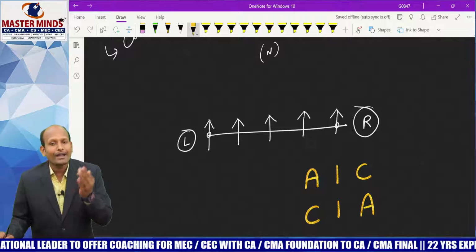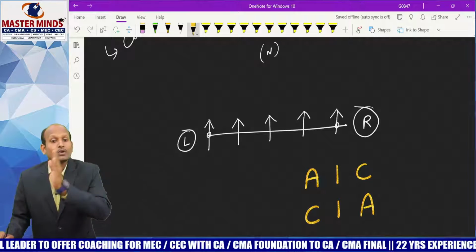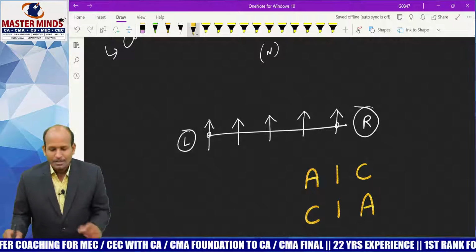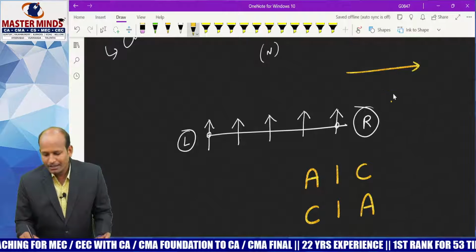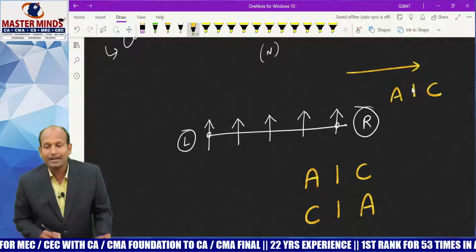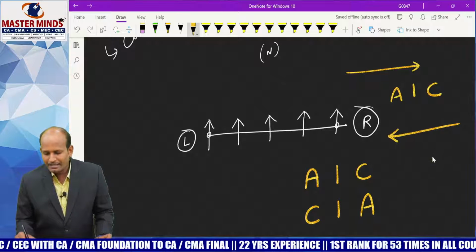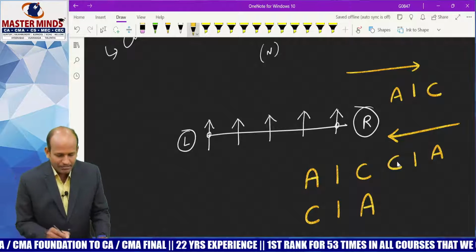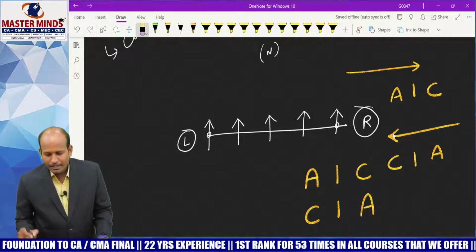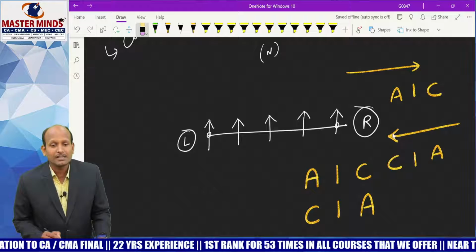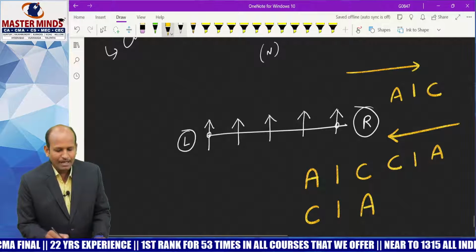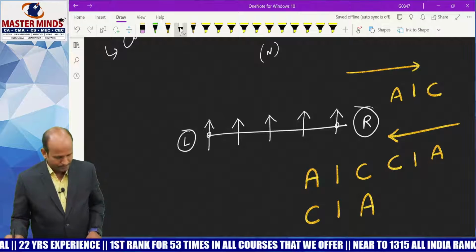You can have A and C from left to right reference or from right to left reference. So we are making there is one person between A and C means either A one gap C as one possibility, or C one gap A as another possibility.